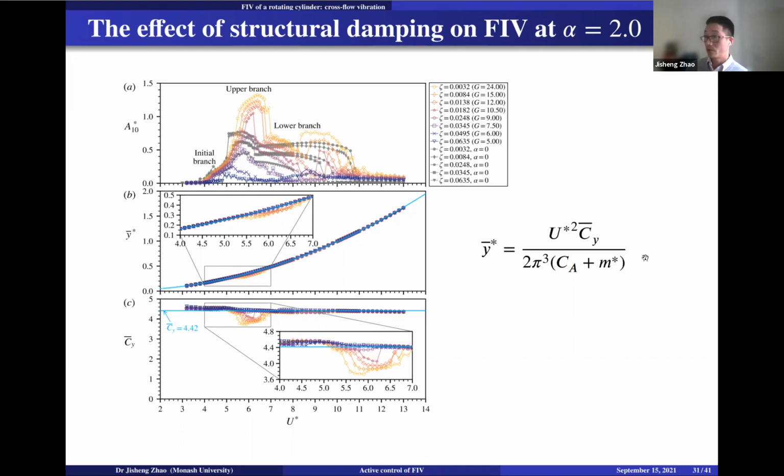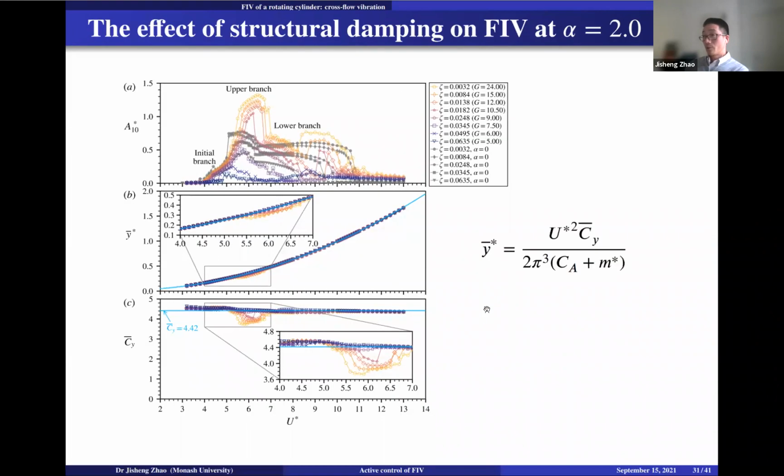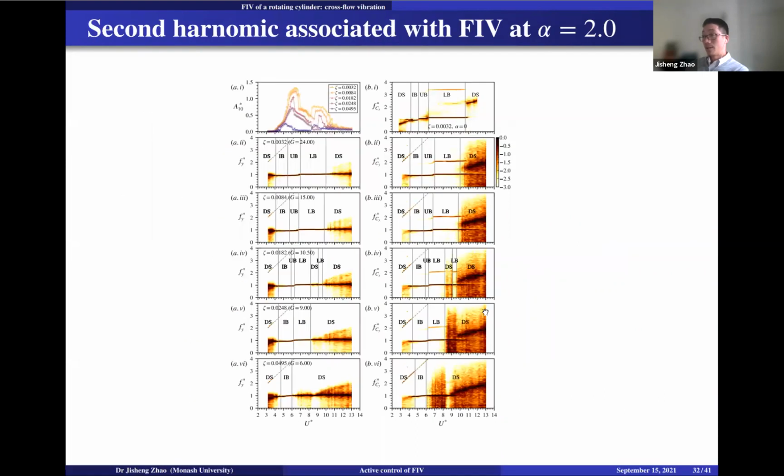It follows this line nicely, except for the region where the structural vibration is large. Which means the vibration is quite sensitive to the structural damping for the rotating case.